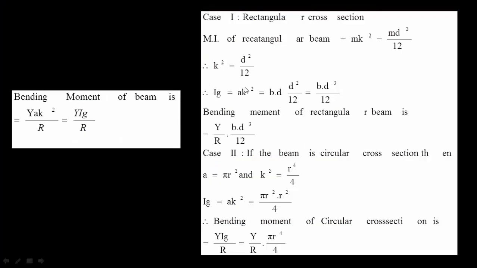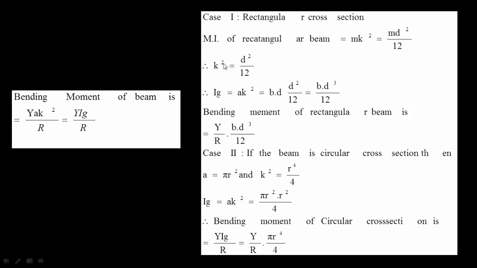Now let us consider two cases. The first case: if the area of cross section of the beam is rectangular, then we know that the moment of inertia of a rectangular beam is given by m k square, which is equal to m d square by 12. Here m is the mass of the bar and k is the radius of gyration, and d represents its width and breadth. So the moment of inertia of a rectangular beam is always given by m d square by 12.